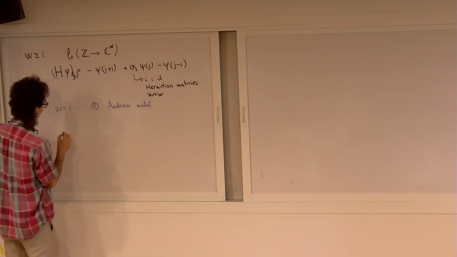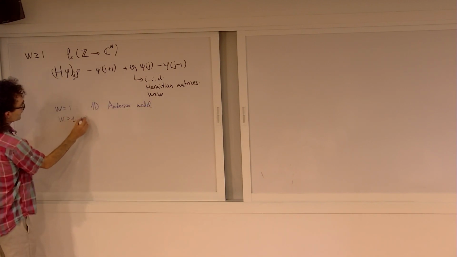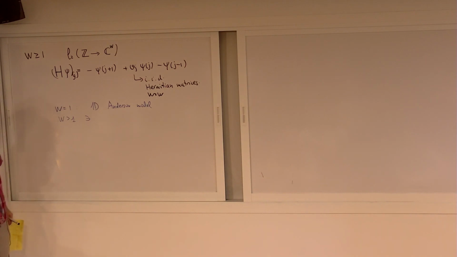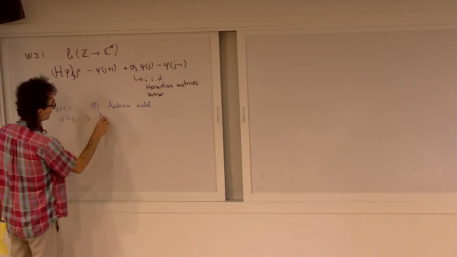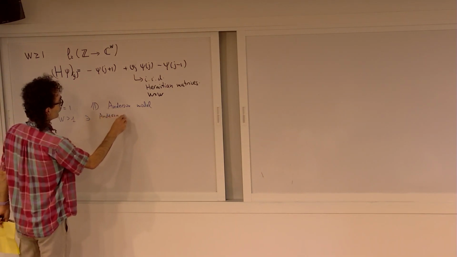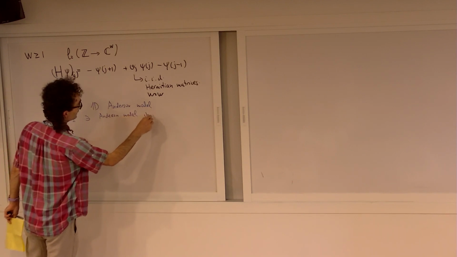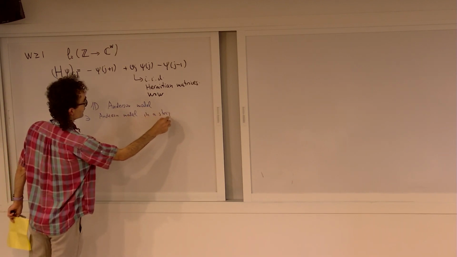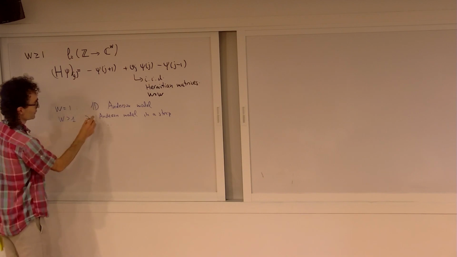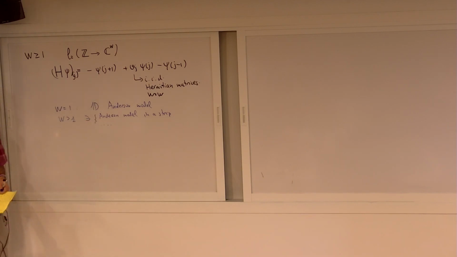And for larger W, it contains a number of different models, including the Anderson model in a strip and some other models about which you may hear in Tanya's talk later.